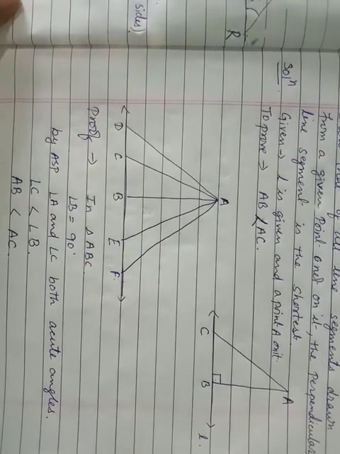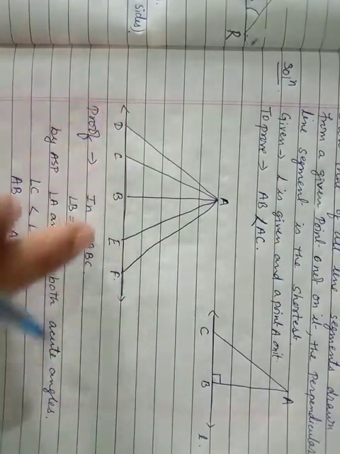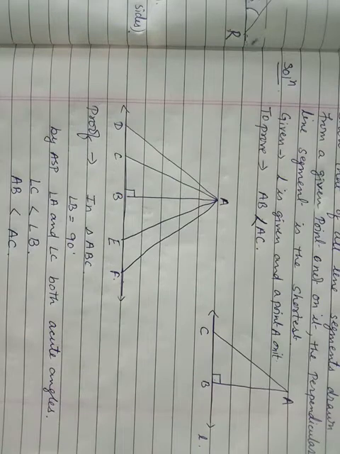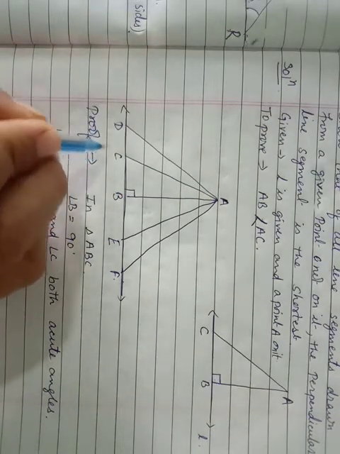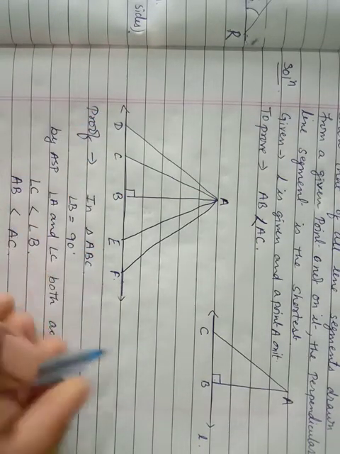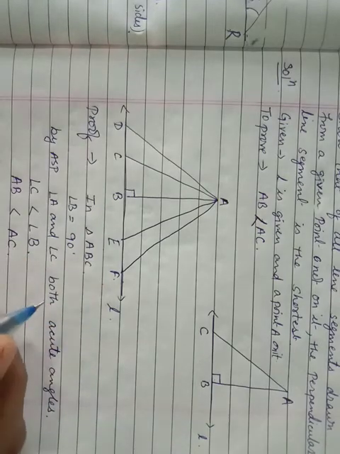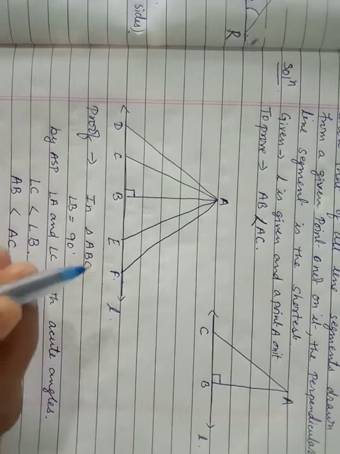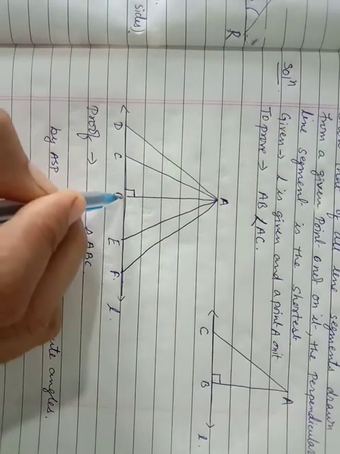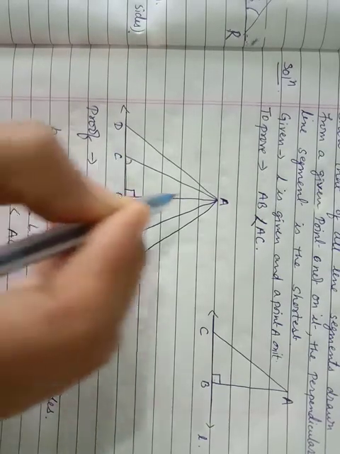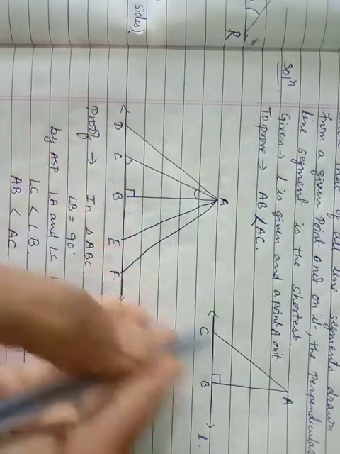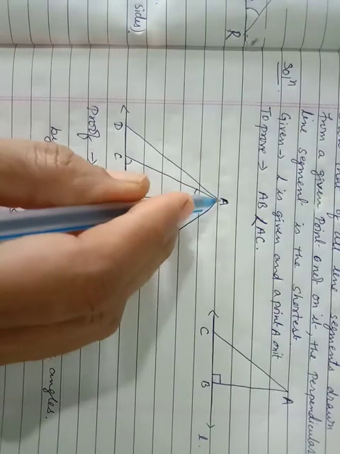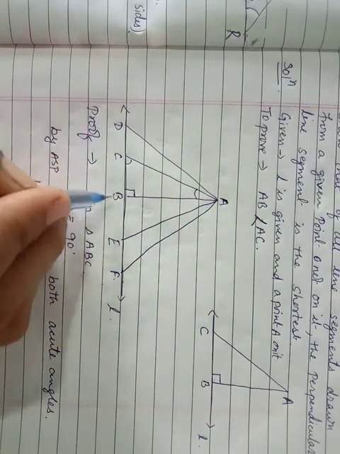Okay, so you can prove this by taking many points also on a line. Suppose AB is the perpendicular. C, D, E, F are many other points on this line L. If AB is perpendicular, angle B is 90 degrees, hence angle A and C will be acute angles, as we just proved. Now if you take any other point D, then take triangle ADB.